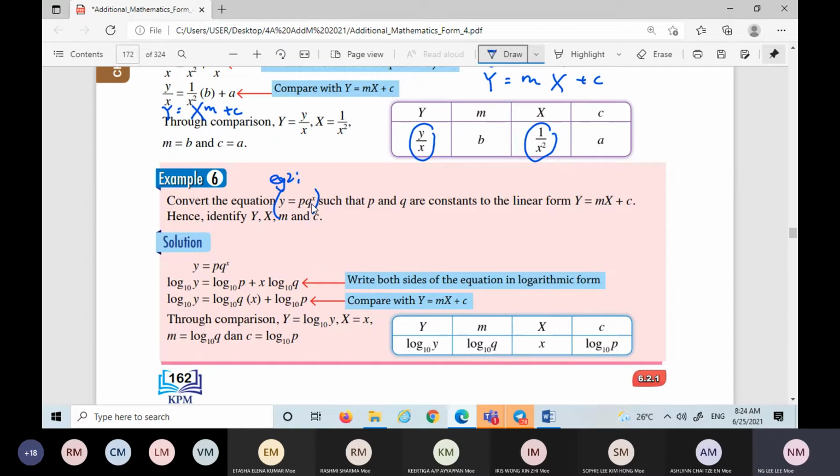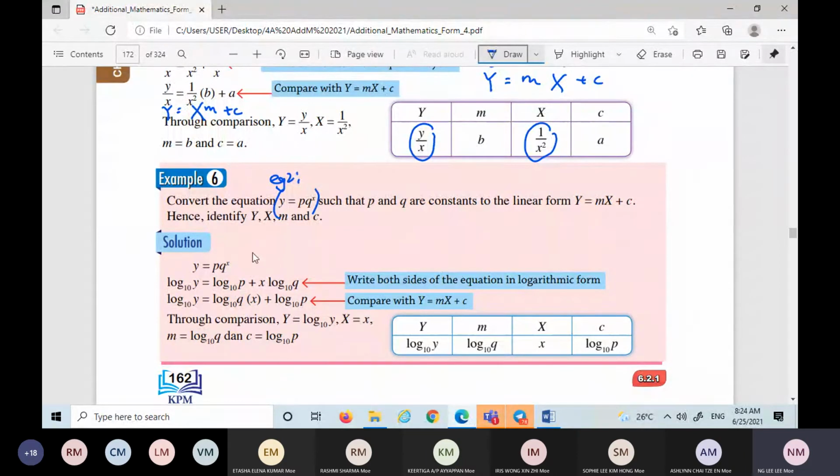The only way is to log both sides. If your question doesn't show any side with two terms, then the only way, remember, is to log both sides.